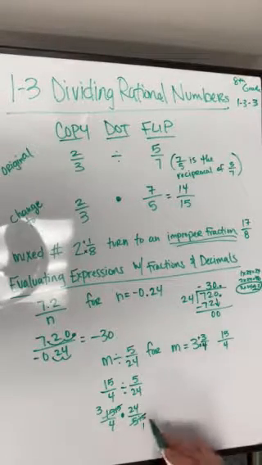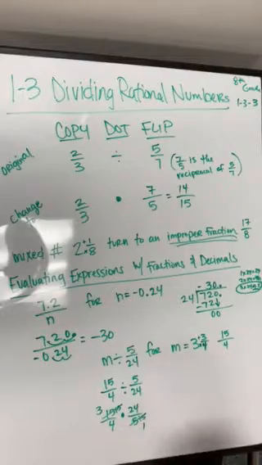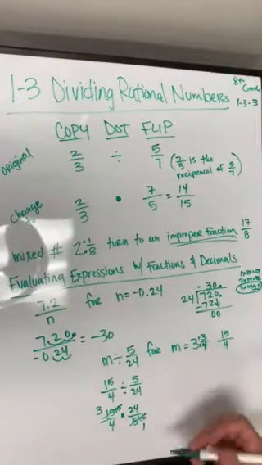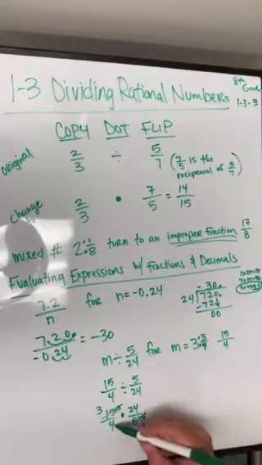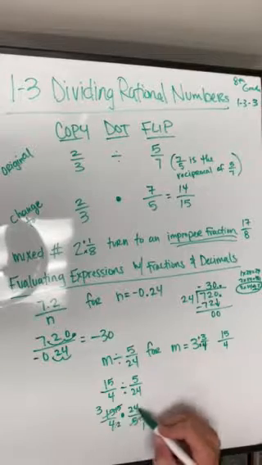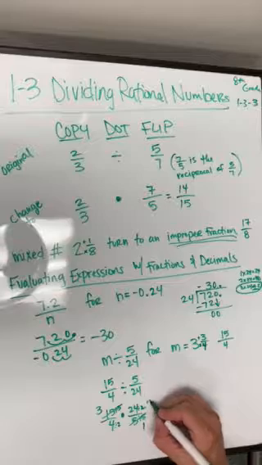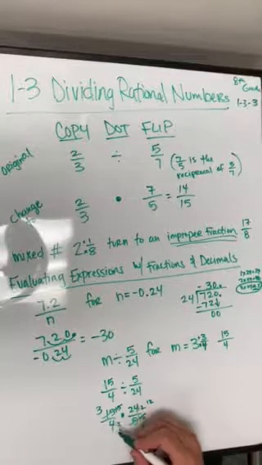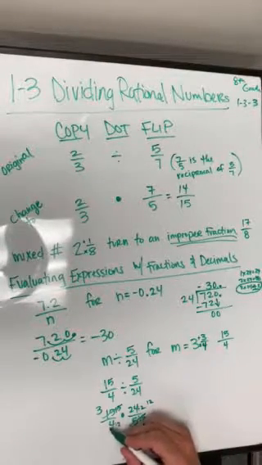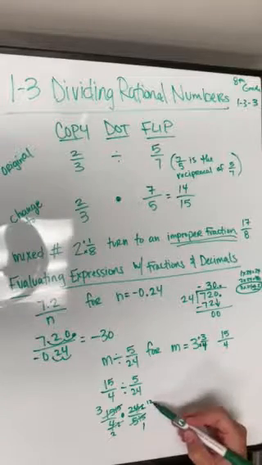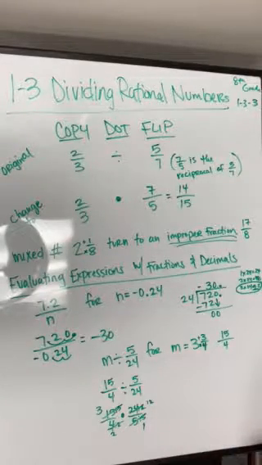Now, I can do the same thing with 24 and 4. I know that they can reduce. If I don't know automatically that I can divide them by 4, I can start by dividing by 2. That's totally okay. Half of 24 is 12, half of 4 is 2. Now I see I'm working with 12 and 2.